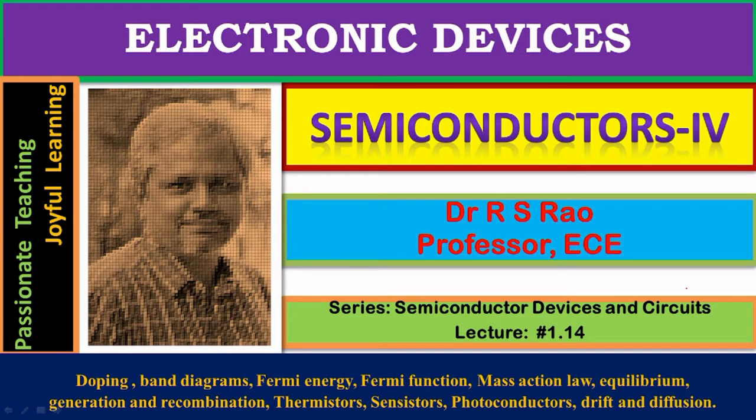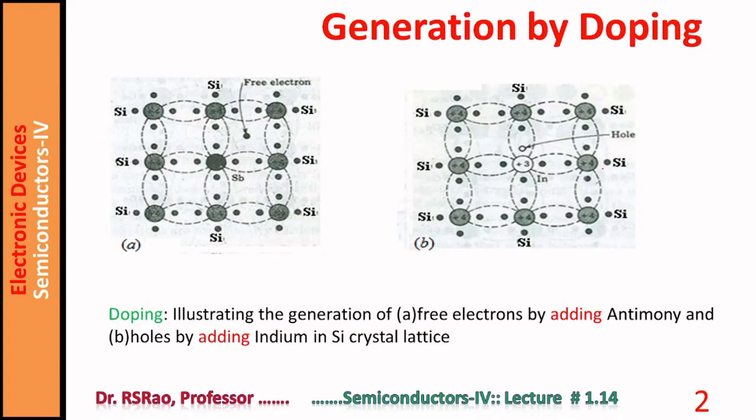Now let us move further to begin the course session. We begin the session with a small discussion where it is explained how doping is able to create more charge carriers in semiconductors.